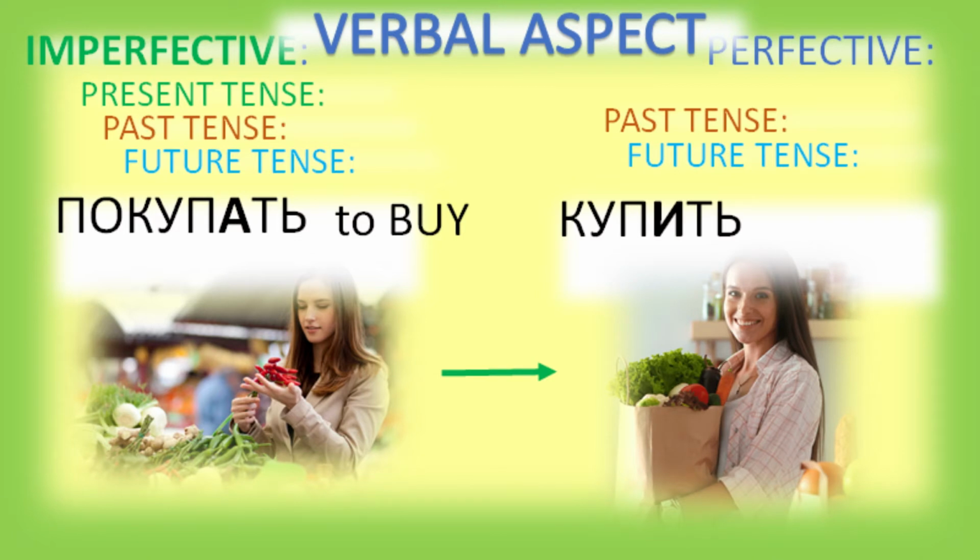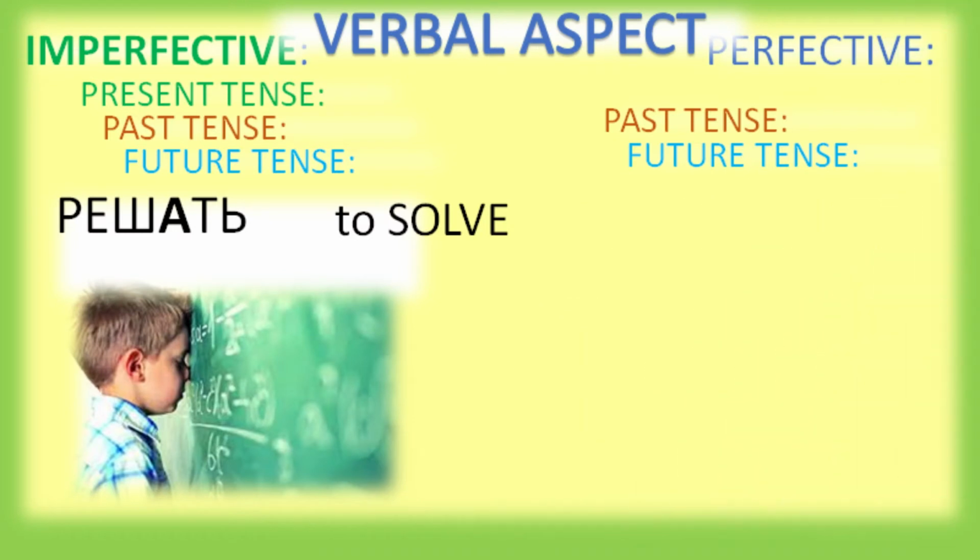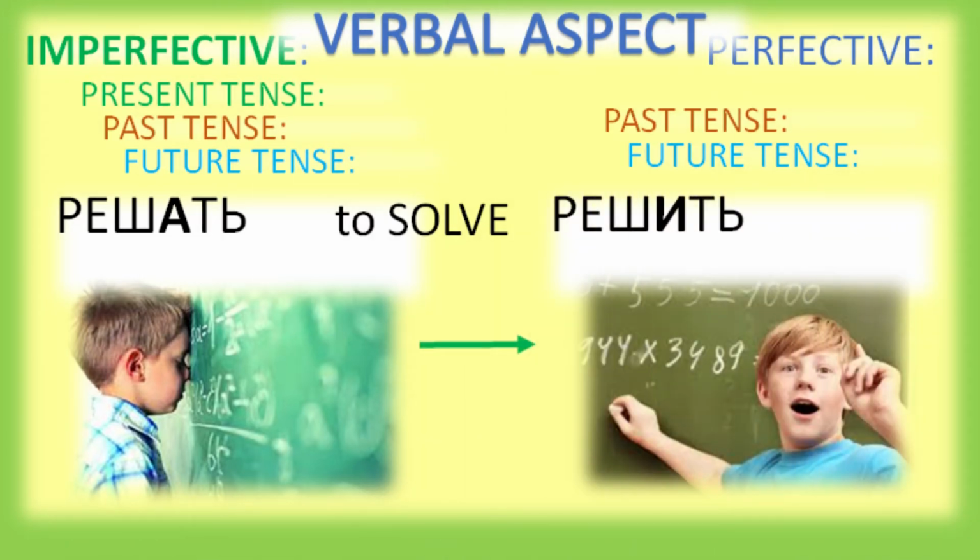Купить. Indicates that the action is completed. The food has been bought. To solve. Решать. The boy is performing a continuous action of solving the math problem. Решить. Indicates that the action is completed. The math problem has been solved.